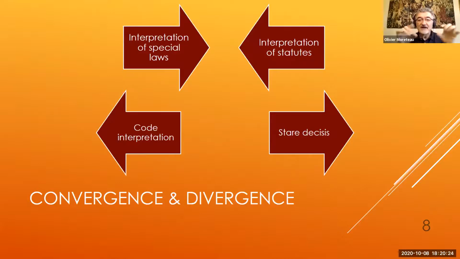If you look at the interpretation of special law on the left side, or interpretation of statutes, that's where we identify the convergence with a predominantly restrictive interpretation, maybe more textualism than you would expect otherwise.